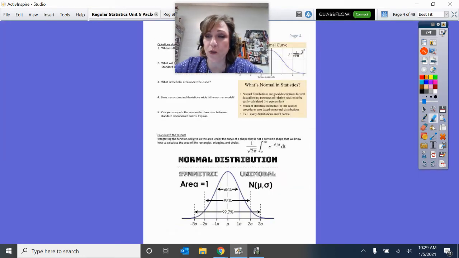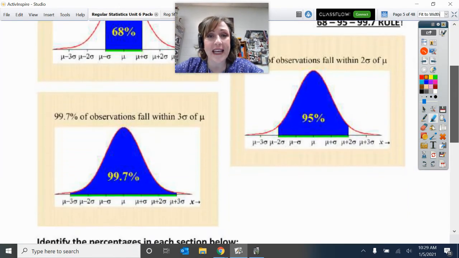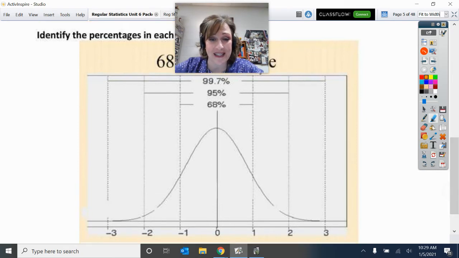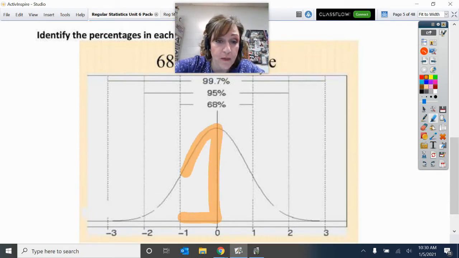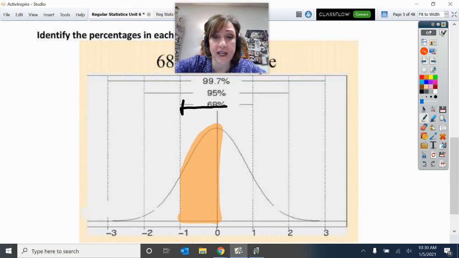Okay, so the next thing we're going to do is start talking about how to work your way around the sections and compute the individual little pieces. I should be able to determine how much area is in that little section, based on the fact that from here to here is 68%.